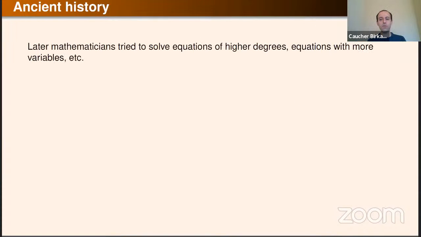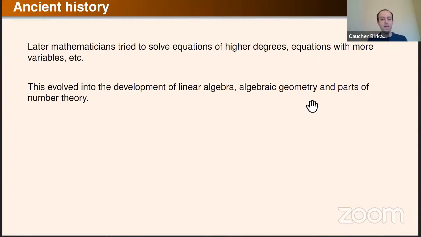So this has a very long history, and of course after them a lot of people tried to also solve equations of higher degrees, for example degree 3 equations and degree 4 and so on. It took like thousands of years, almost 4,000 years. And this quest for solving equations led to the development of several areas of mathematics.